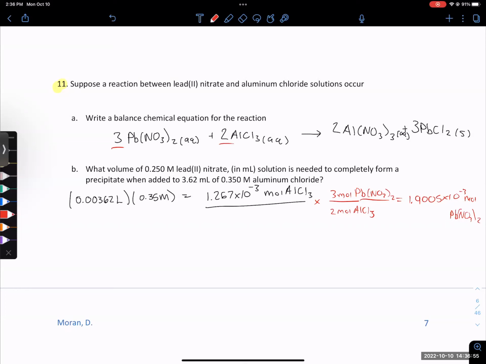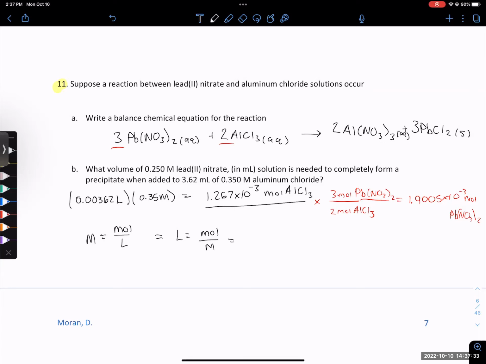Right. From there, we recognize that we have the moles of lead(II) nitrate. We calculated that, and the problem gave us the molarity of the lead(II) nitrate. So we write out our molarity equation, molarity equal to moles over liters. We're solving for the volume. So liters is equal to moles over molarity.